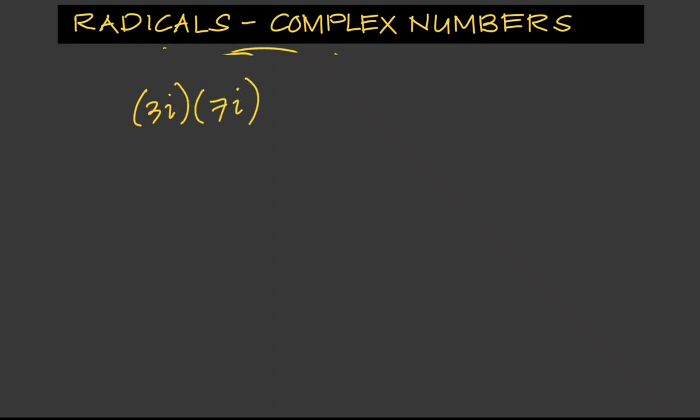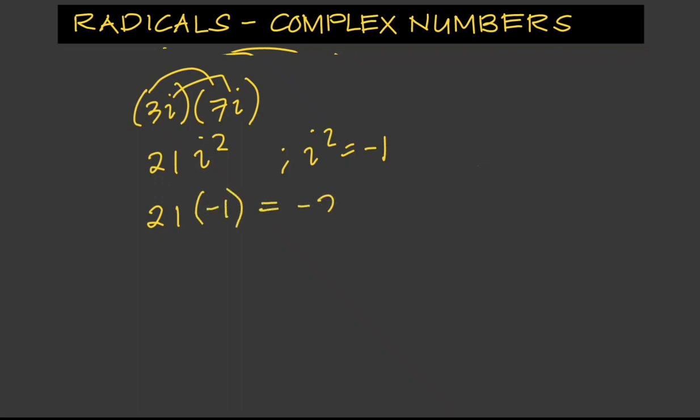We just have to multiply the coefficients and the i's here. We multiply 3 times 7, that is 21, and then i times i is i squared. And i squared is just equal to negative 1. Therefore, this expression would be equivalent to 21 times negative 1, which is just equal to negative 21.